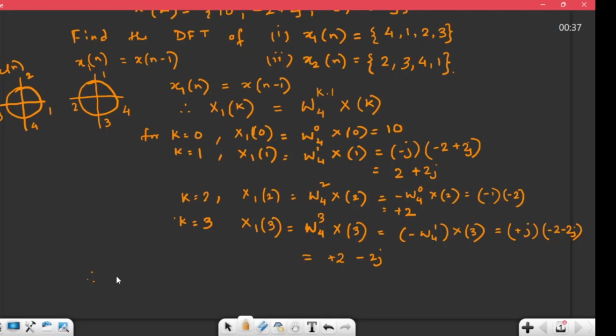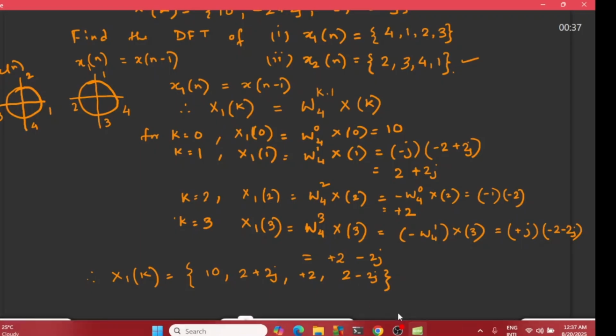Therefore, X1(k) in sequence form is 10, 2 plus 2j, 2, 2 minus 2j.